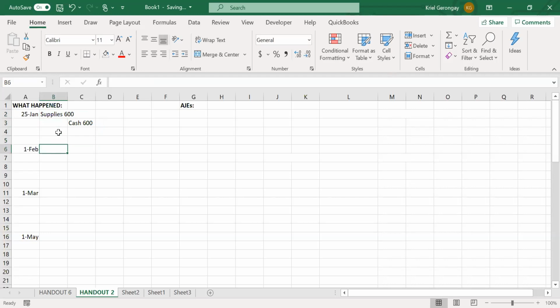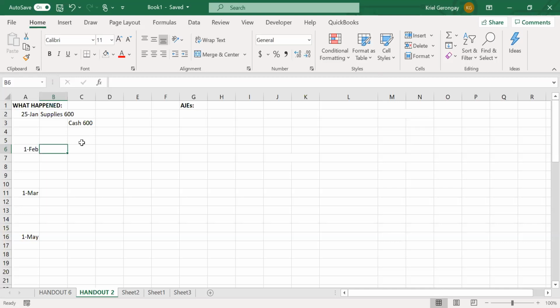And then on February 1st, rented a warehouse from Alpha Company paying 1 year's rent of $4,800 in advance, and it says they recorded the $4,800 as a payment to rent expense. You know that if they pay for 1 year in advance, that would be considered prepaid rent. But in this case, the accountant recorded it as a rent expense.